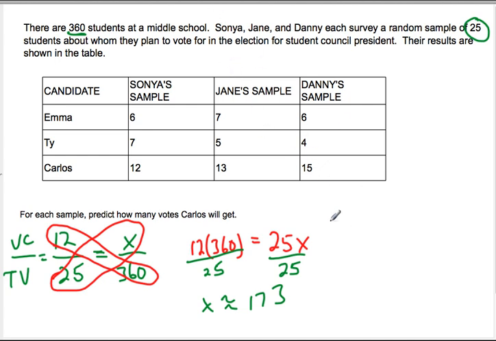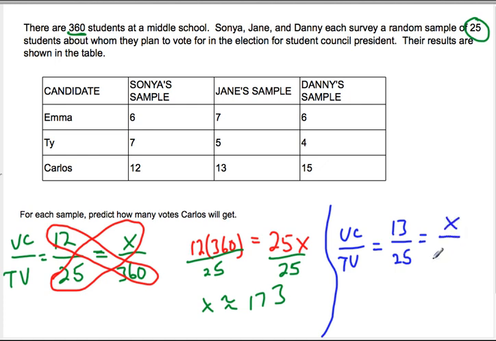Okay. Now if we do that same thing for Jane's sample, votes for Carlos over total votes is going to be a little different. The people she surveyed said 13 out of 25. And so we think our estimation of how many votes he's going to get based on only Jane's sample should get us about 187 votes.